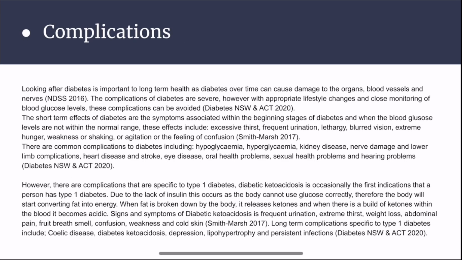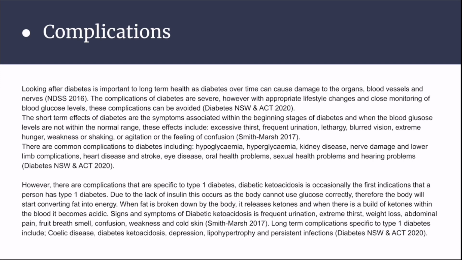Managing diabetes is important for the long-term health of individuals, as over time, diabetes can cause significant damage to the organs, blood vessels, and nerves. The complications of diabetes are severe. However, with appropriate lifestyle changes, close monitoring of blood glucose level, and the use of medication, we can reduce and avoid the severity of these complications.